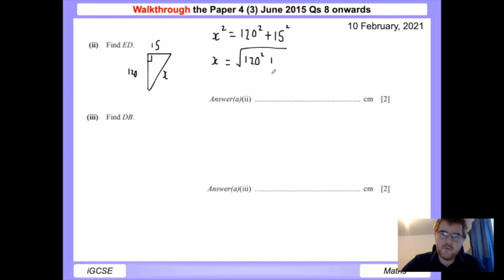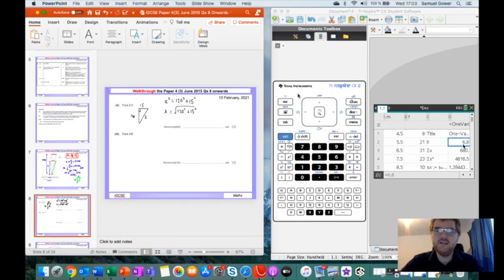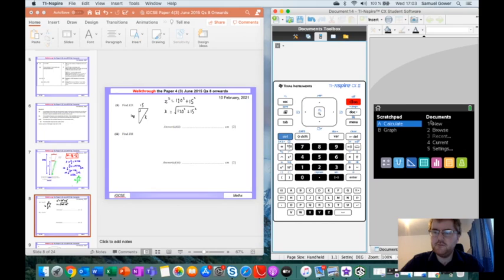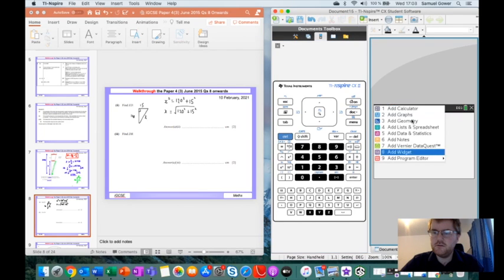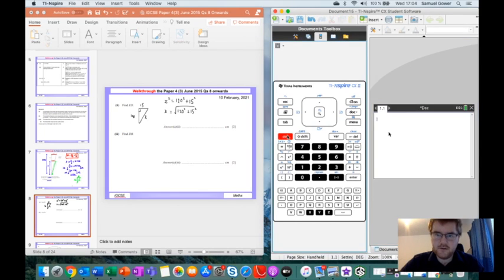Notice I'm writing the minimum of working, but enough to guarantee me all the marks here. And this is where you just use your GDC. So we go on to a normal scratch pad, which I'm sure you're familiar with, and we go control 120 squared, so use the square button, plus 15 squared, getting our answer here of 120.93.